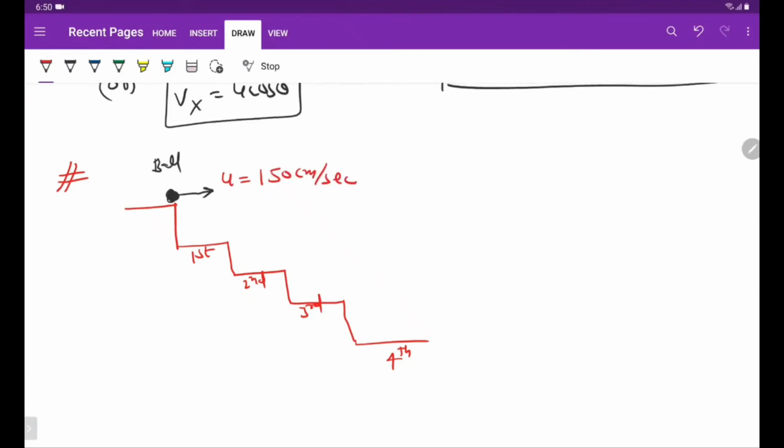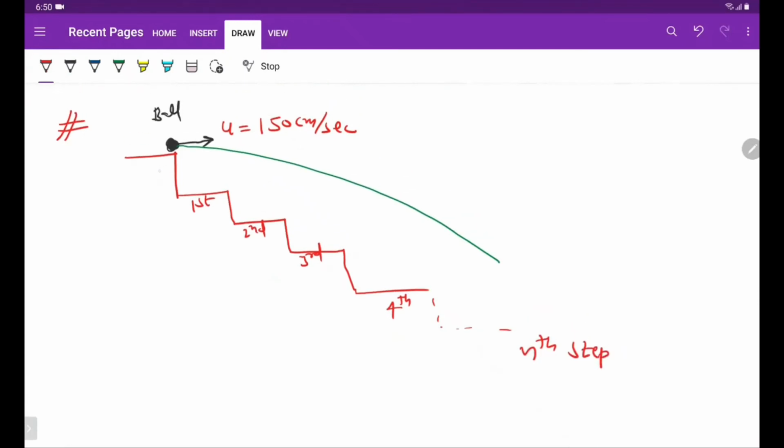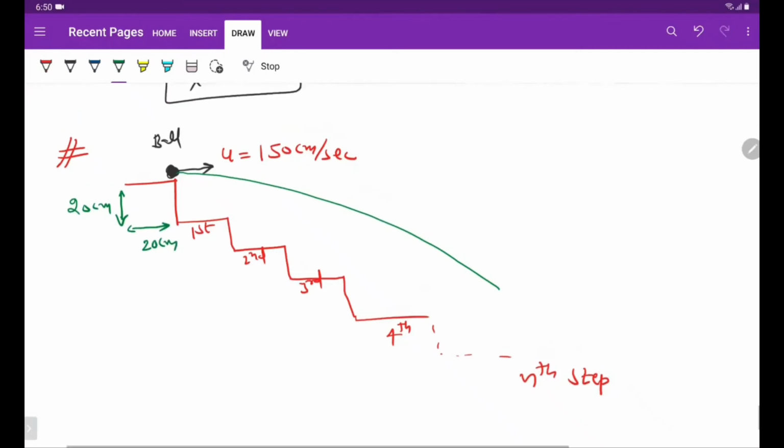With this speed, we are projecting the ball, so it follows this parabolic path and will hit some nth step.